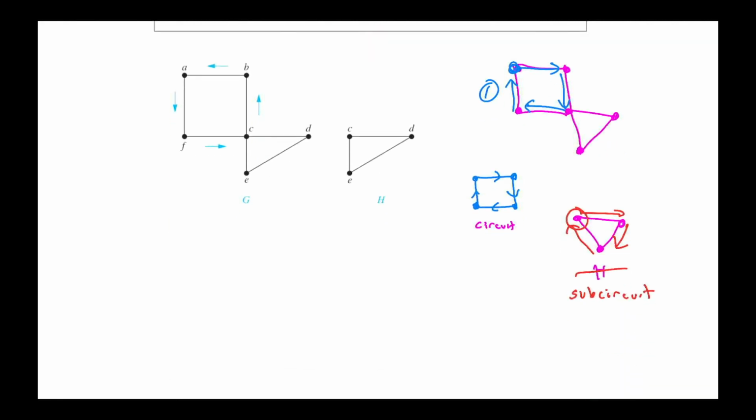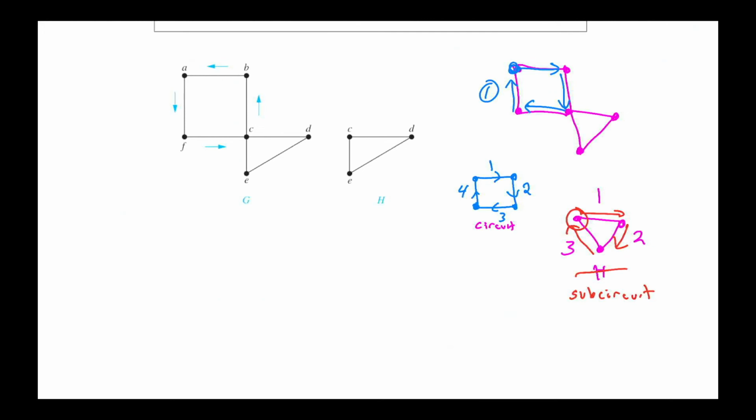So here's how this is going to look. When I first found this circuit, let's say that this was the first edge and this was the second edge and this was the third edge and this was the fourth edge, right? And then let's say on my subcircuit, the numbering was like this: first, second, third, right?